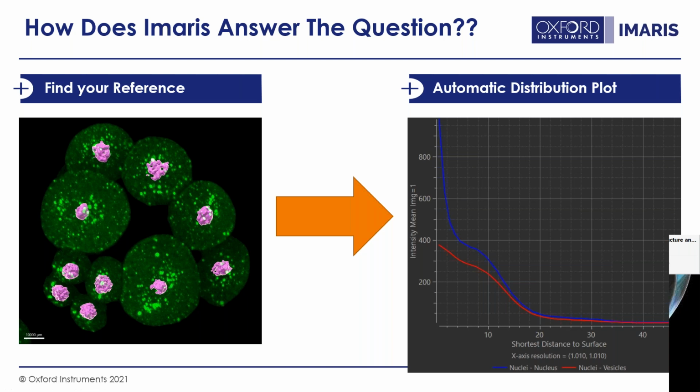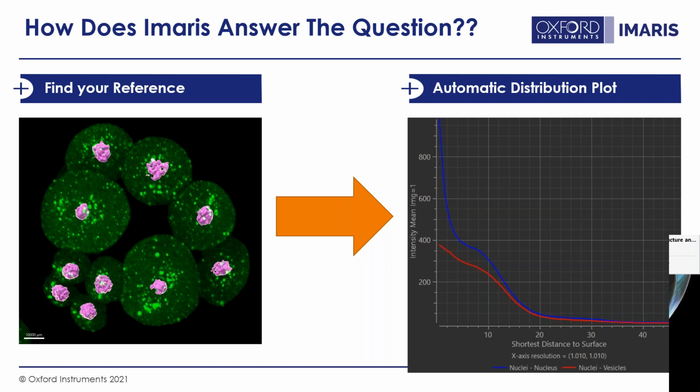And when you go into Vantage and go into Spatial View and pick the intensity plot, what you'll see is that now you're seeing lines illustrating the average intensity as you go out from the nucleus. And so again, Imaris is telling you what the resolution is on the x-axis, and so it's about 1 micron again.